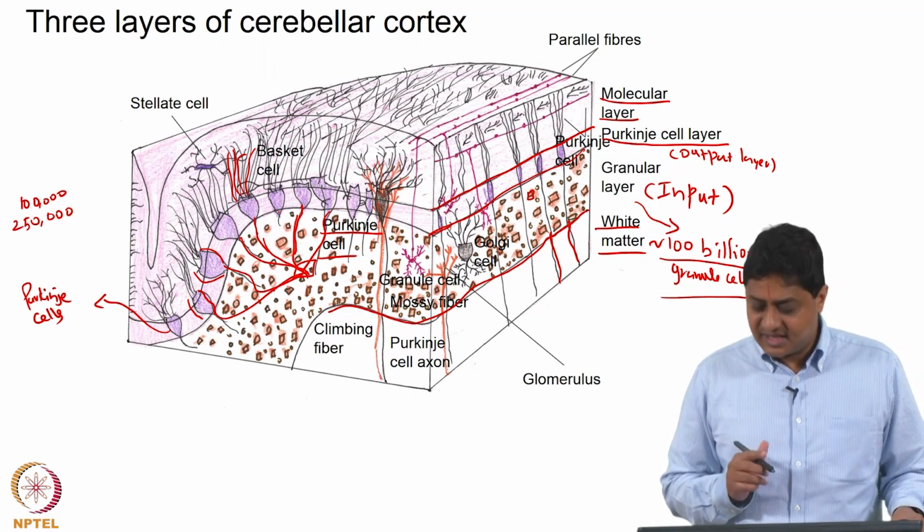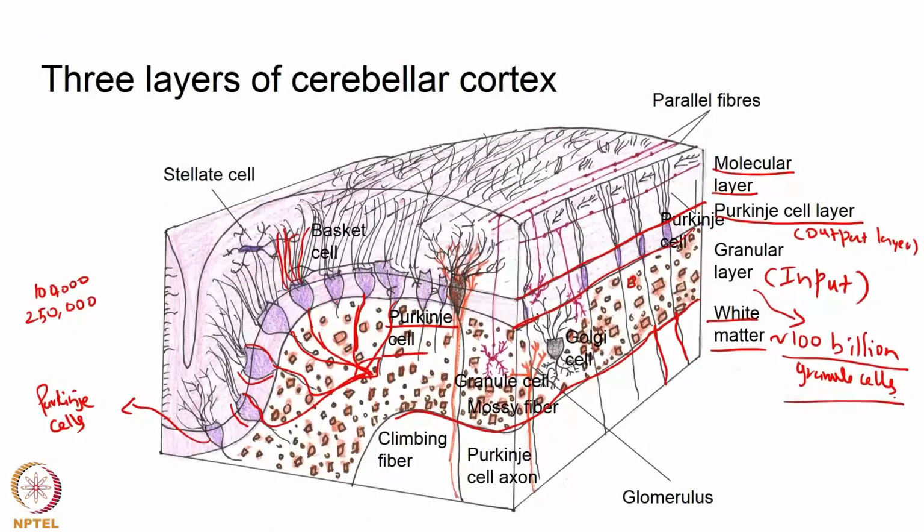The axons of these granule cells ascend upwards and then proceed perpendicular to the dendrites of the Purkinje cells.